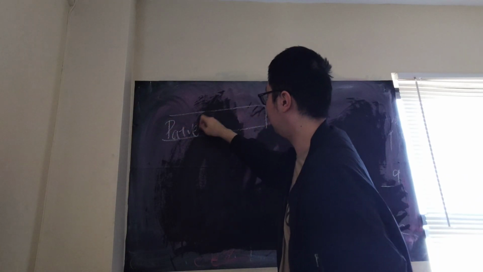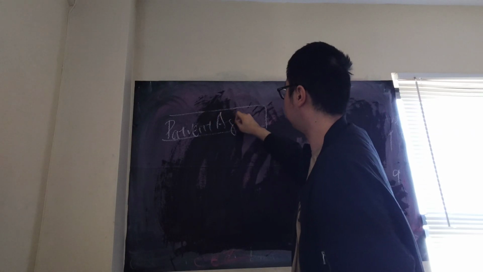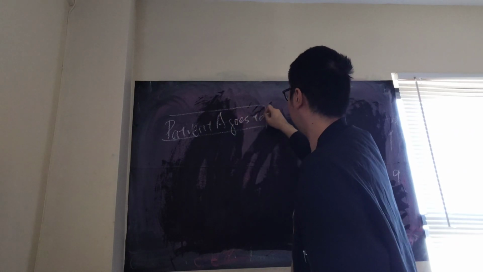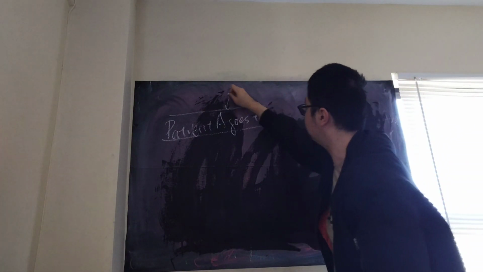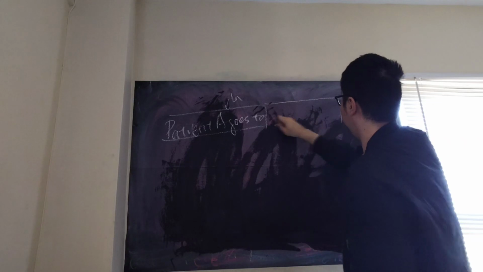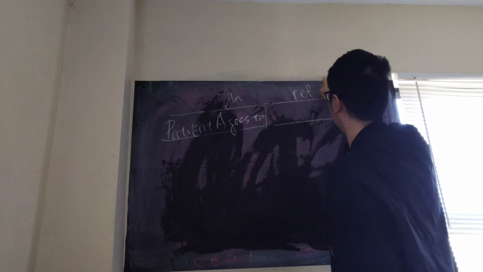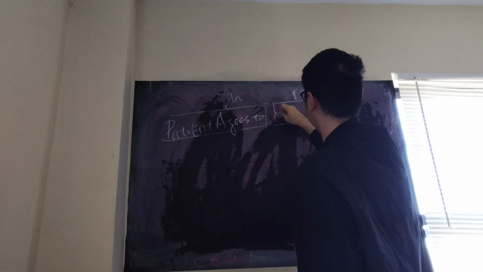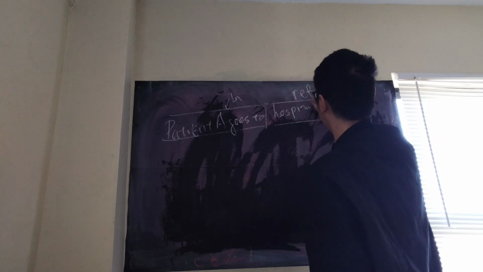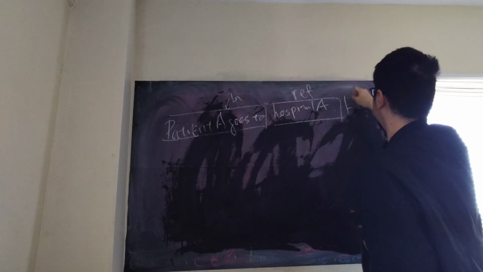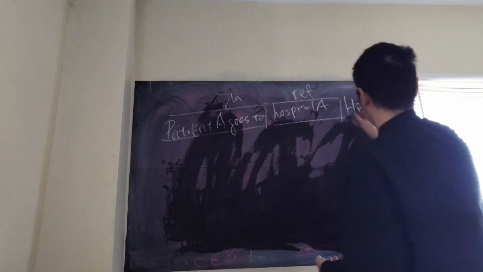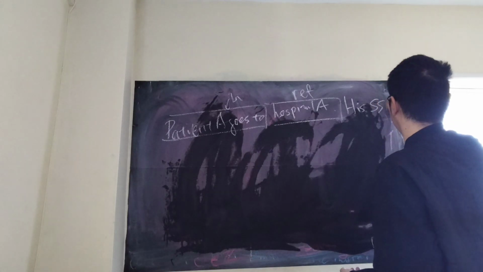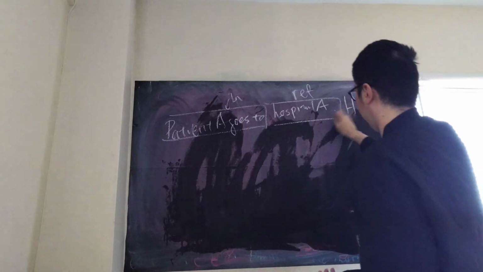For example, patient A goes to, and this is my input. This is my reference, so the true data. For example, hospital A, and, taking some extreme example, his social security number and so on. And this is the rest of the sentences.